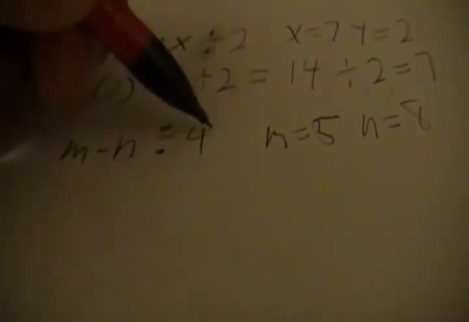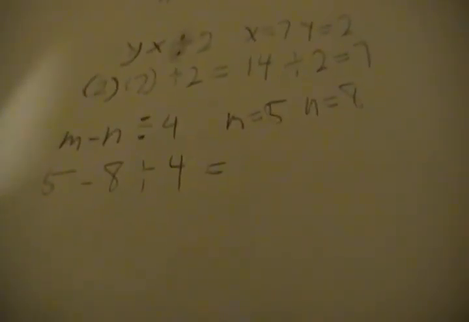So we have an expression here, and then we have the given numbers. So let's plug in the numbers. So it goes 5, m equals 5, minus n, which is equal to 8, and then we divide that by 4.